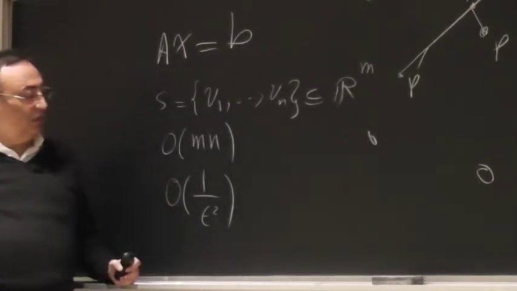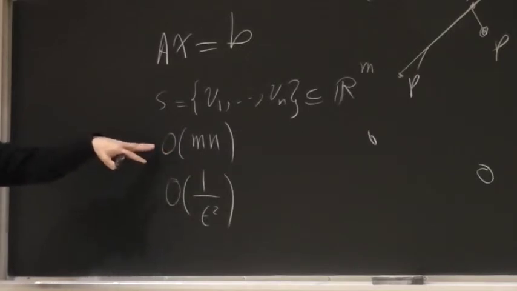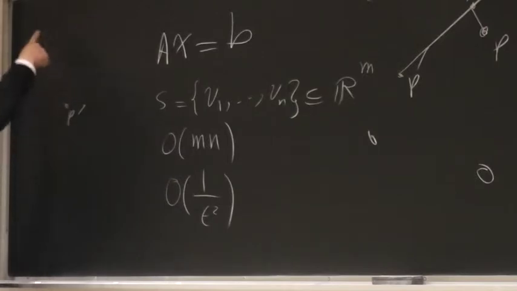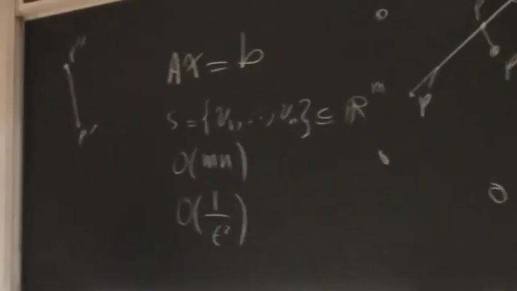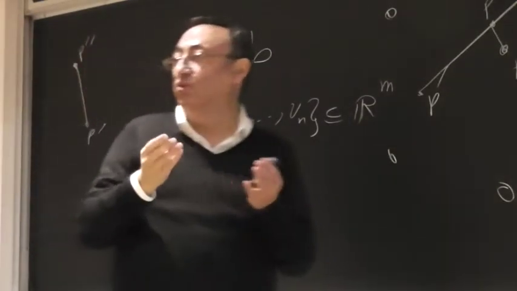That's one question. Another question is this: if I start with a particular point P prime, I compute maybe all the distances to the Vi's, and then I decide to move somewhere to P double prime. Next time I do this for P double prime, is it the case that I could use the information I have already gained, the distances, with respect to the Voronoi cells?